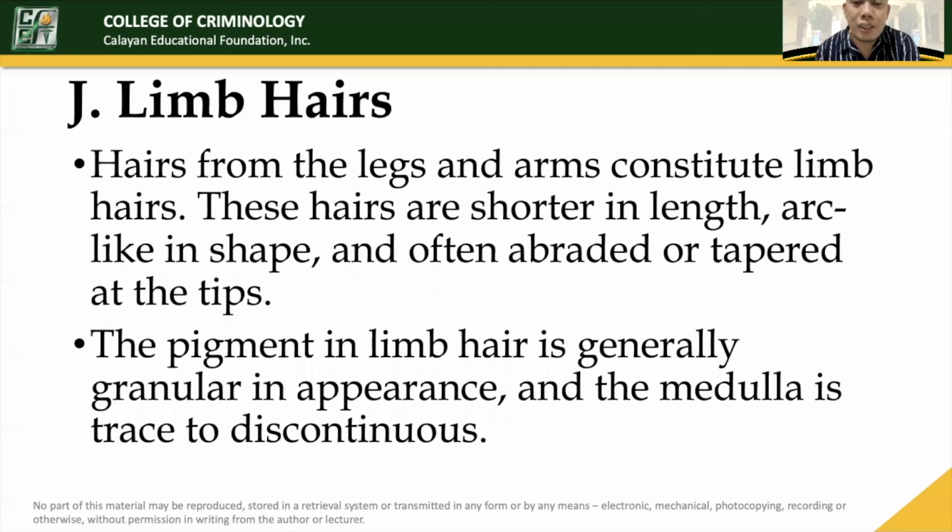Okay, so can it be used? It can be used as evidence, but you need to include the other hairs too. So again, the pigment in limb hair is generally granular in appearance, though the medulla is discontinuous.